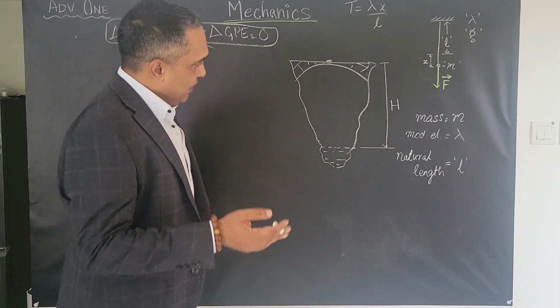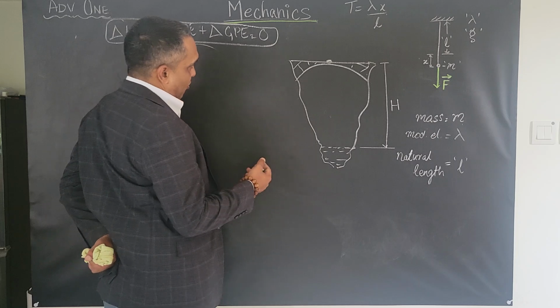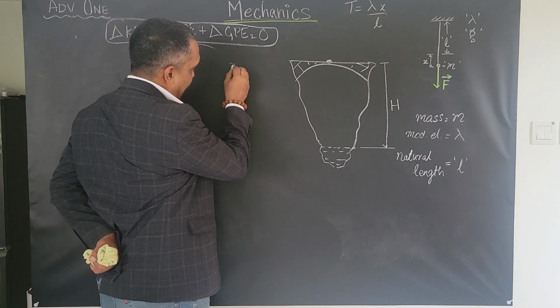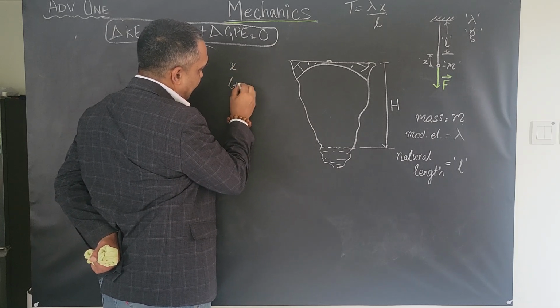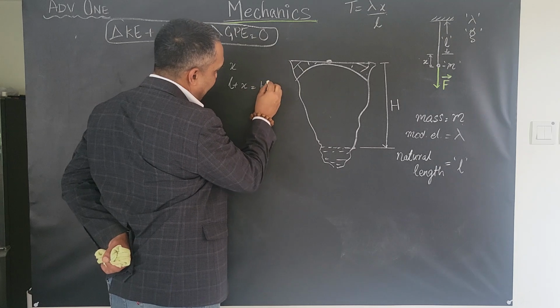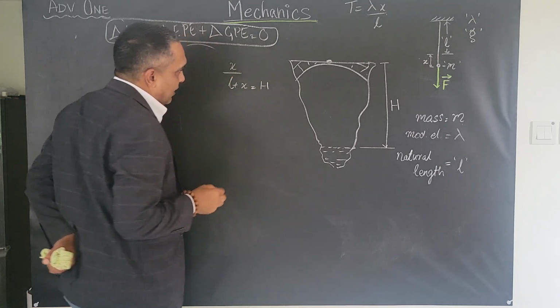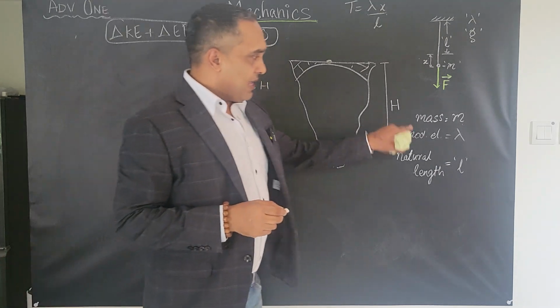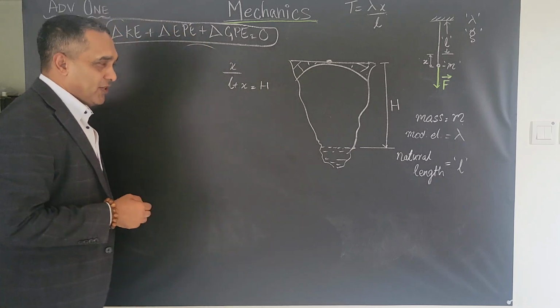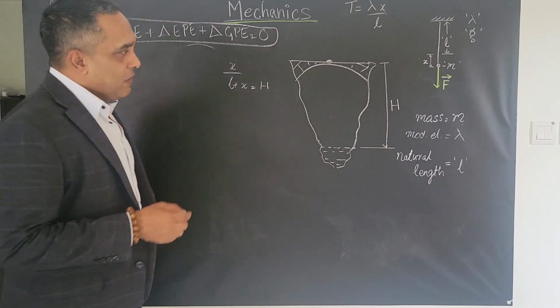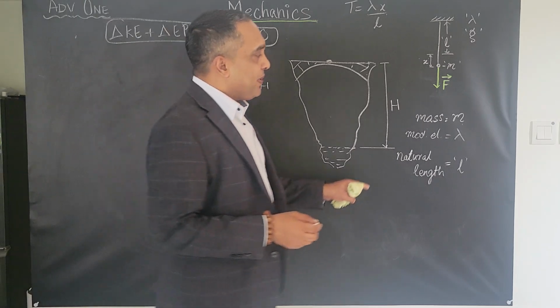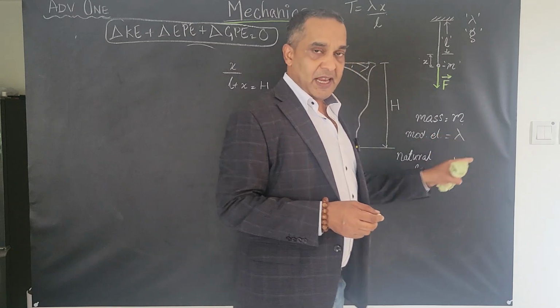So I'm going to give you the idea of how you do this. You could define a maximum extension x such that L plus x is equal to h, right? That's the maximum extension possible by this mass. You could do it that way. But if you applied just the force equation, you might be mistaken, because there is a kinetic energy component.